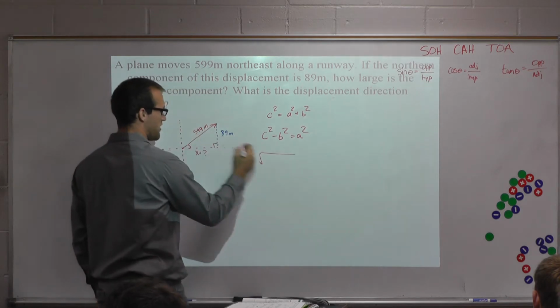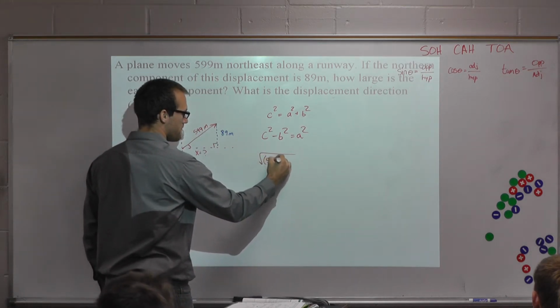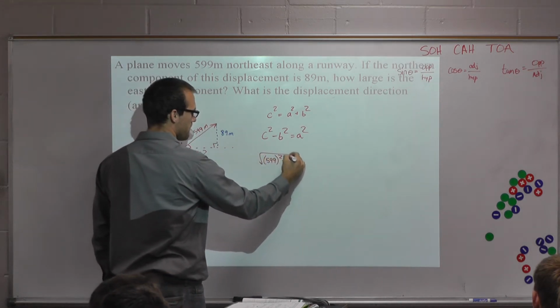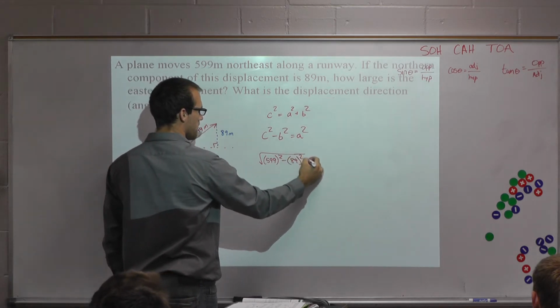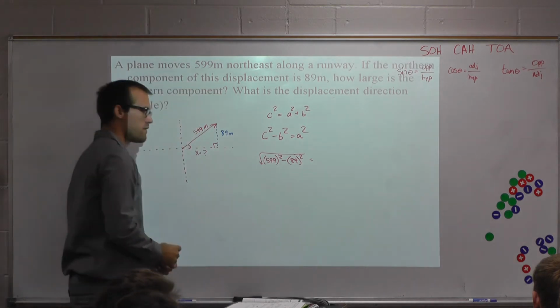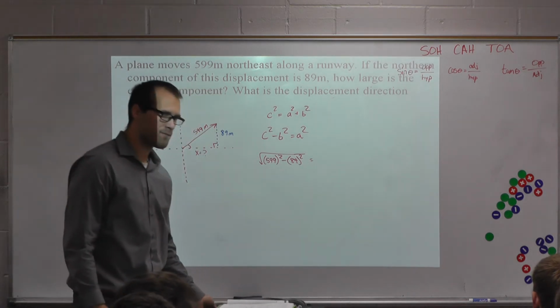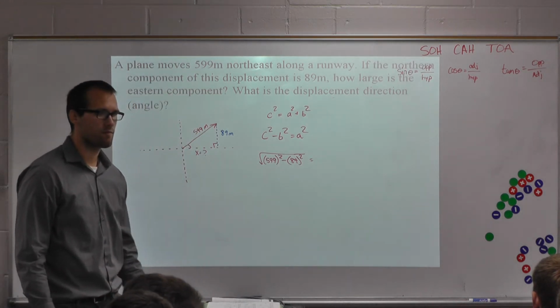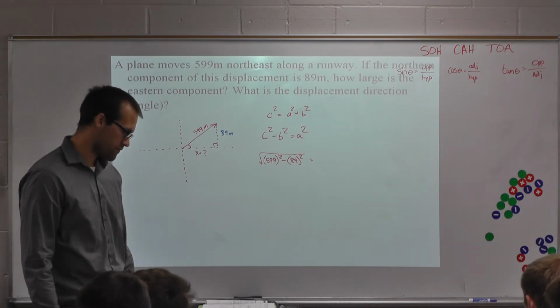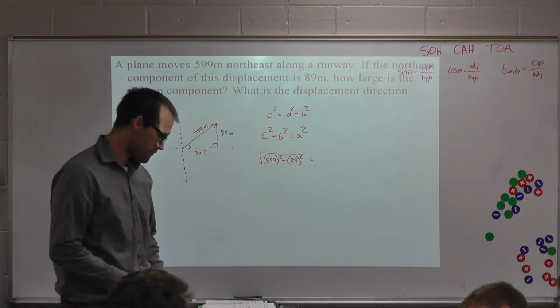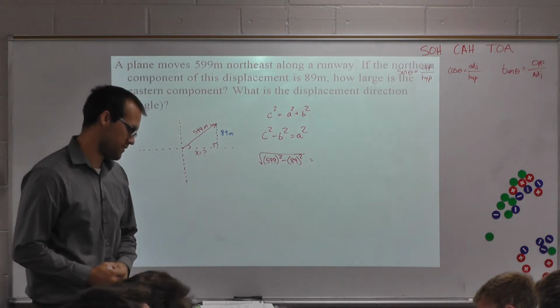C squared is your 599. Can you do it to 590, or does it need to stay at 599? Yeah, it would be 590.